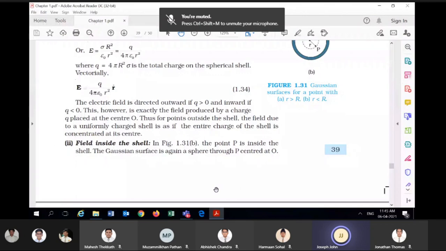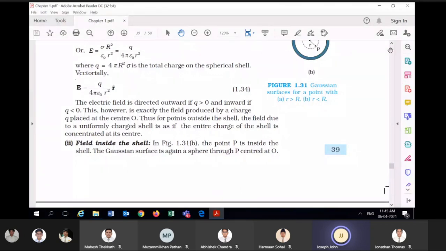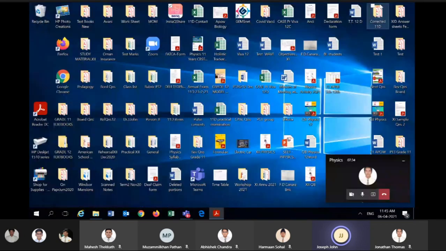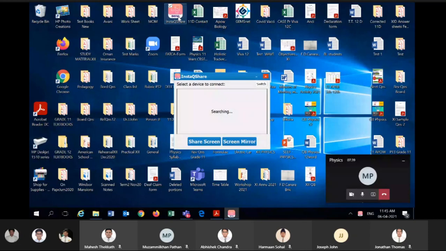I have to put screen mirror. What is the number? 83.